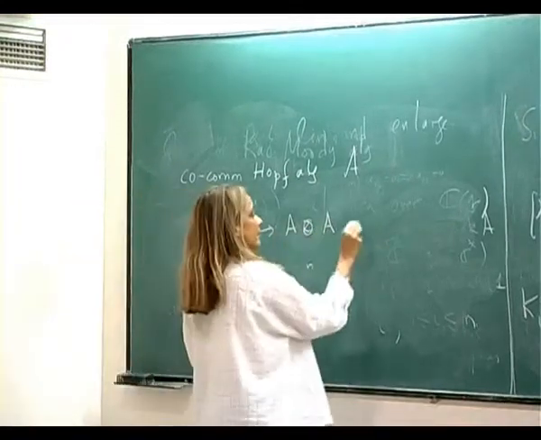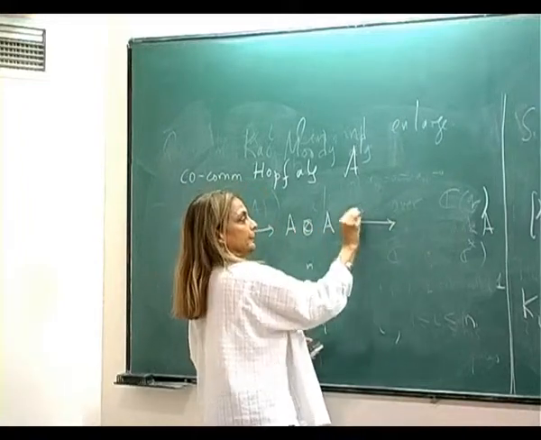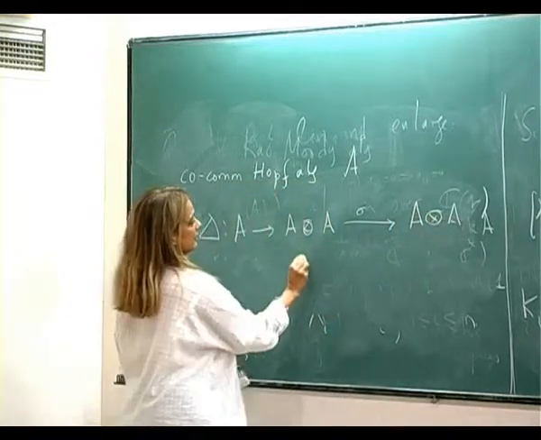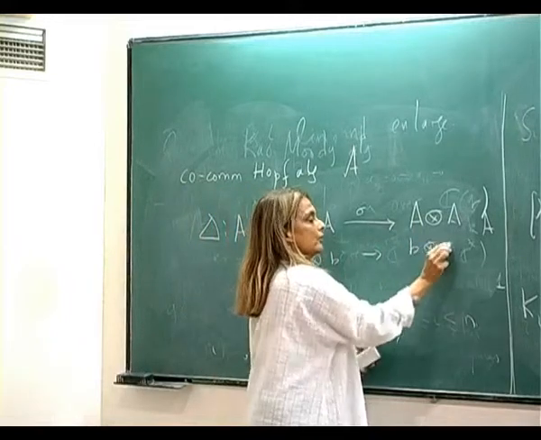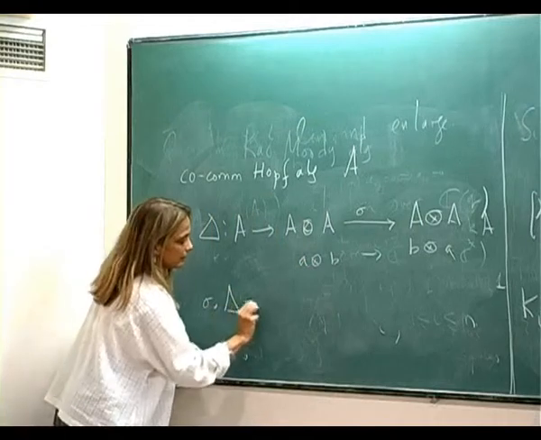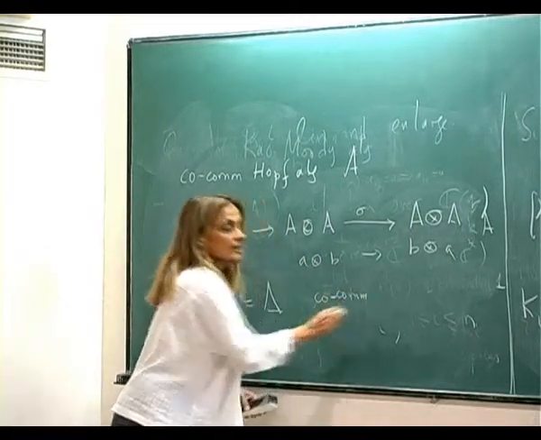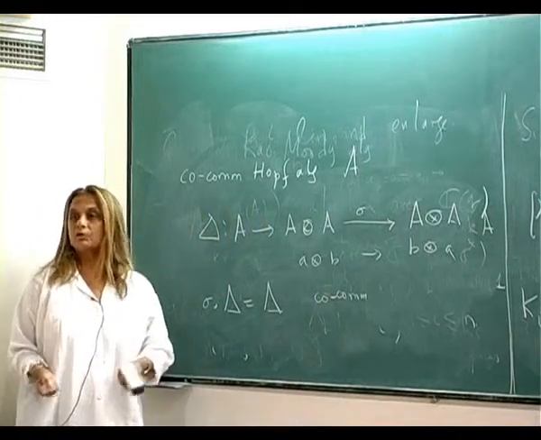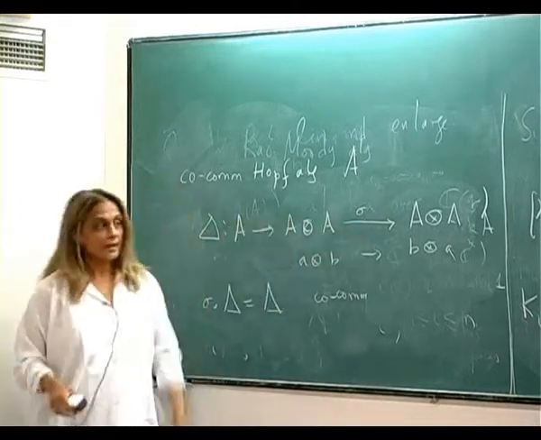So if you think of it as reversing arrows, what you have to do is take the flip map, sigma, from A tensor B to B tensor A. Co-commutative would mean that sigma composed with delta equals delta. If you change all your arrows, you'll see it means exactly that your multiplication is commutative. So this is the dual notion, if you go backwards.